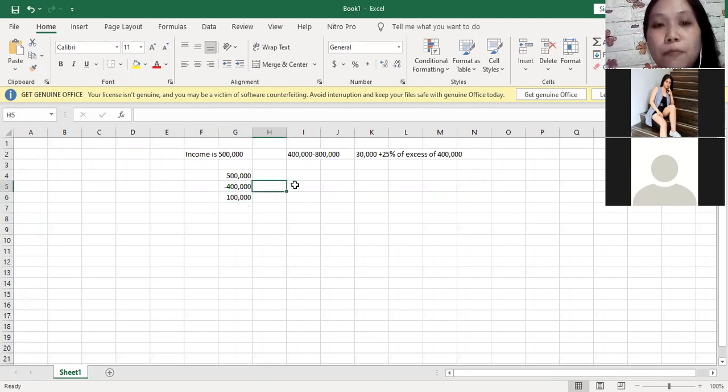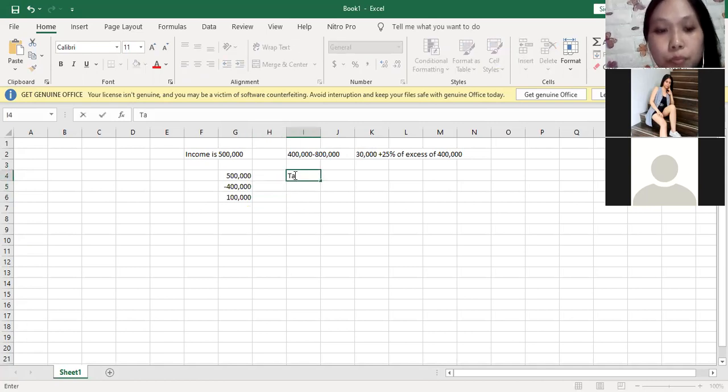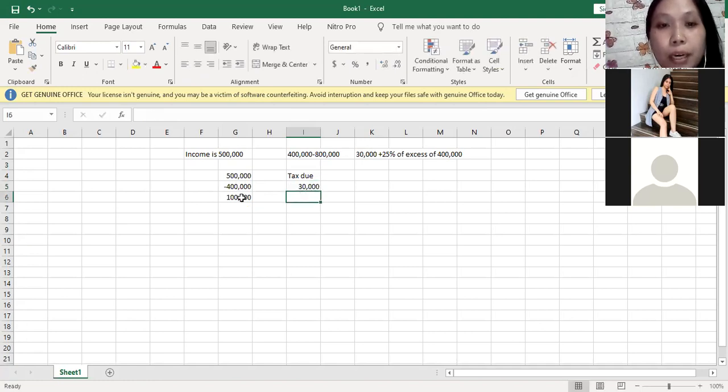So we'll put here tax due. How much will be the tax due? For the first 400,000, the tax due will be 30,000. And the 100,000, what's going to be the tax due?